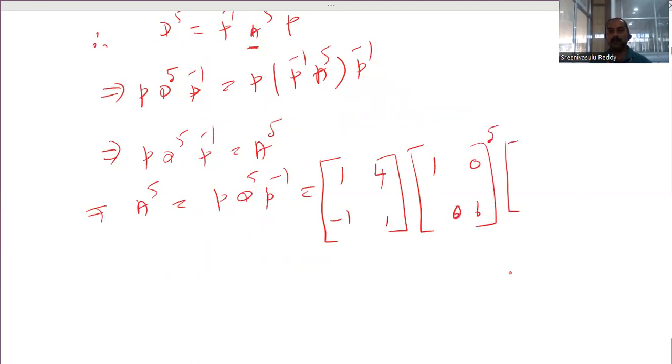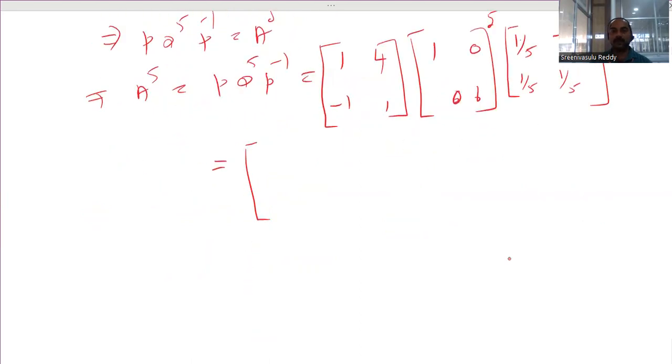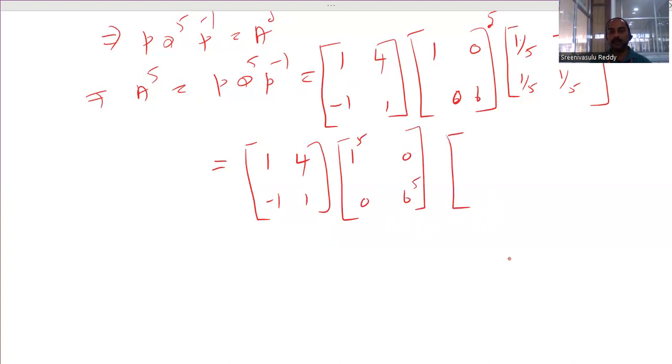P inverse, we got 1 by 5 times of 1 by 5, here minus 4 by 5, here 1 by 5. Actually, in the case of a diagonal matrix, the exponent only affects the diagonal entries. Other entries are 0. So A power 5 is nothing but 1, 4, minus 1, 1 into 1 power 5, 0, 0. Only diagonal entries are affected by the exponent. The same exponent we get.